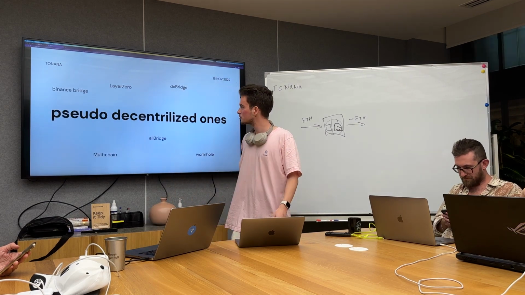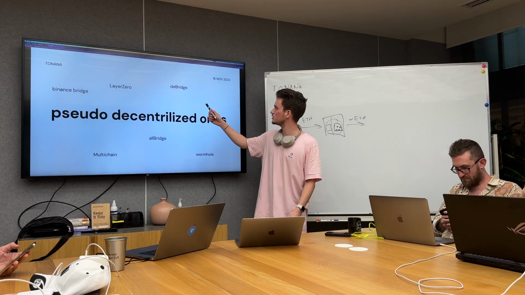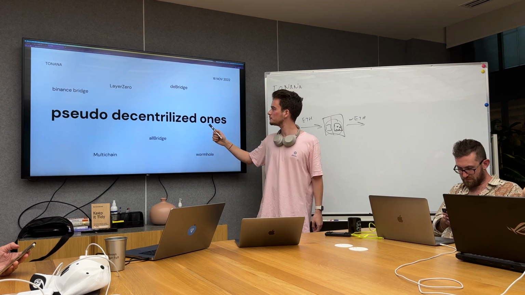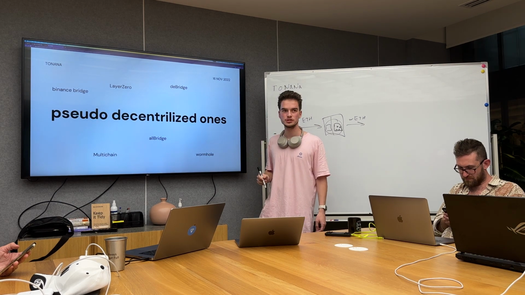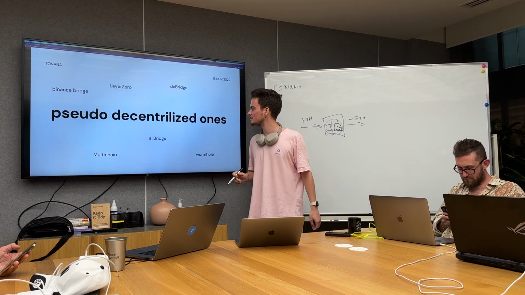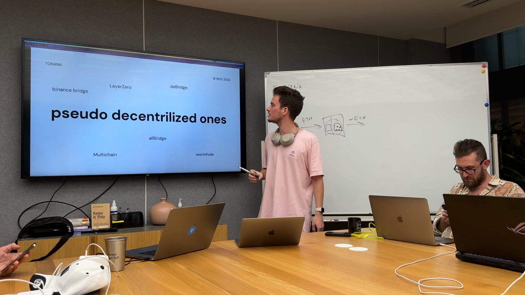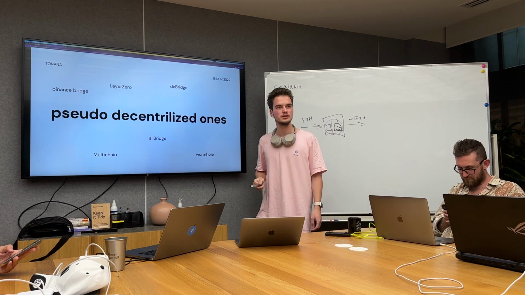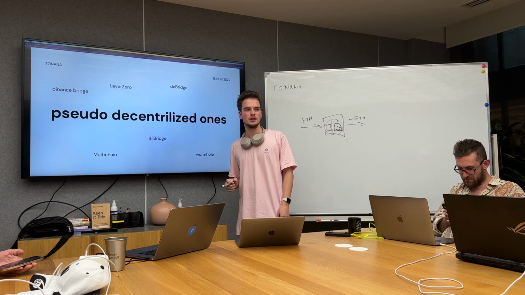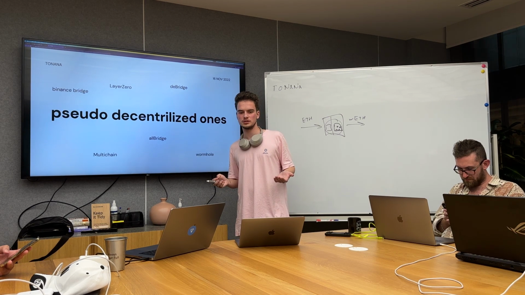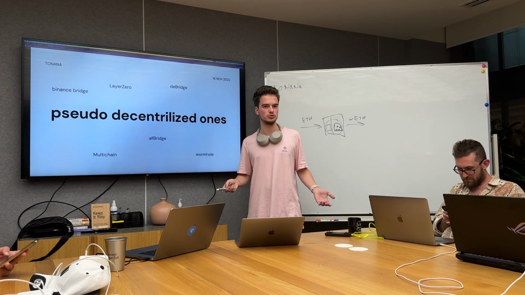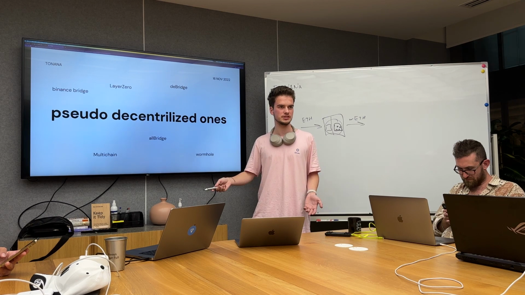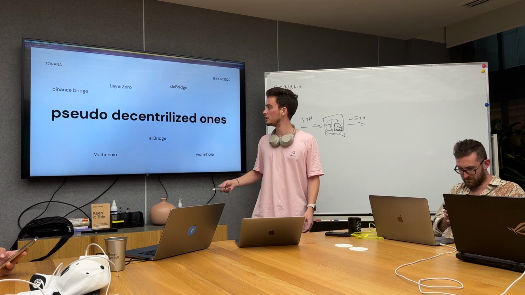The stronger solution is those guys who I wrote there, and I call them pseudo-decentralized bridges. This is the kind of stuff that you need to understand: decentralization will happen only when everyone will be able to set up their bridge and their hardware for making transfers.